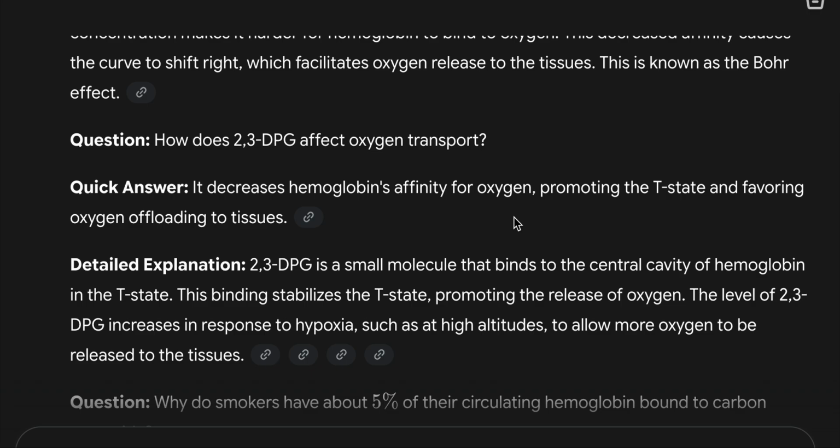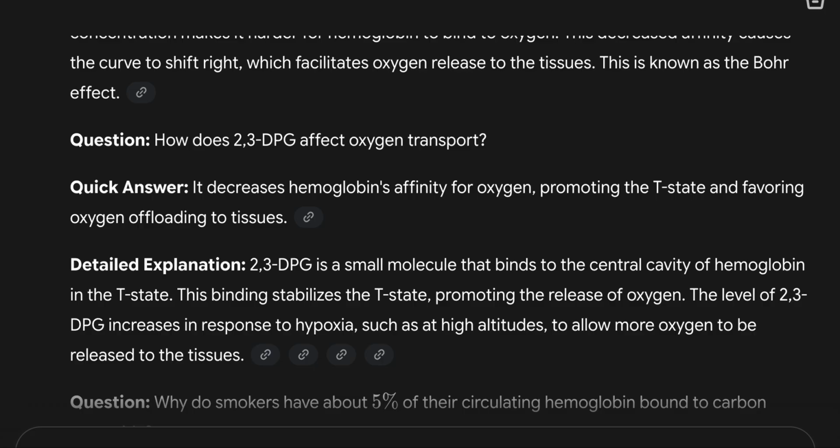How does 2,3-DPG affect oxygen transport? It decreases hemoglobin's affinity for oxygen, promoting the T state and favoring oxygen offloading in the tissues.